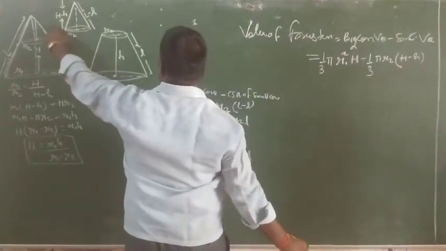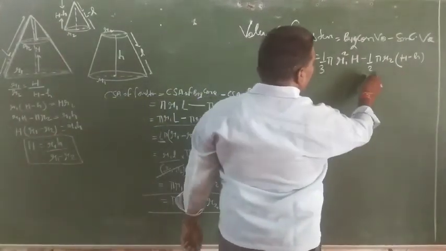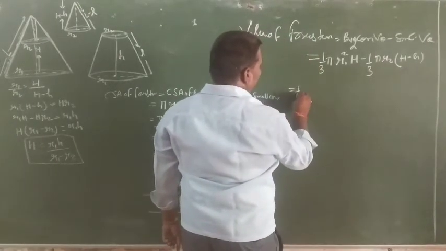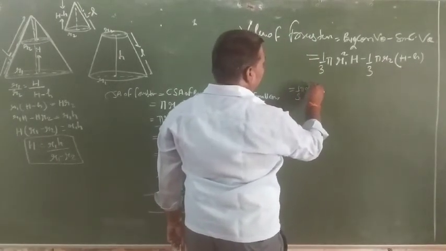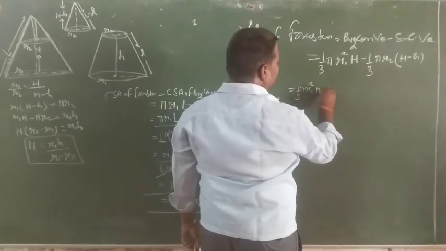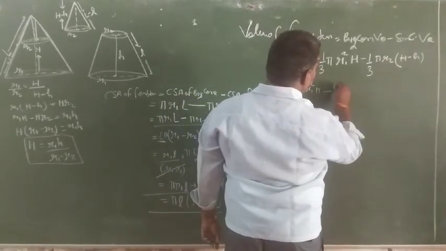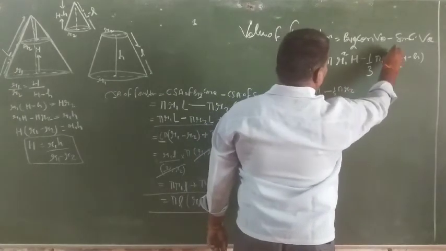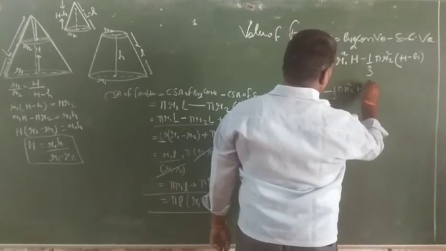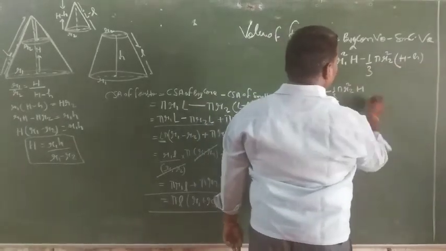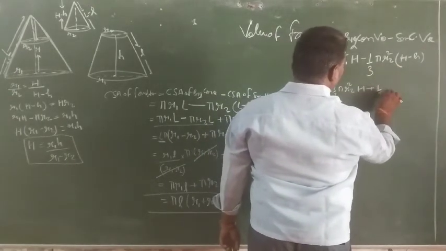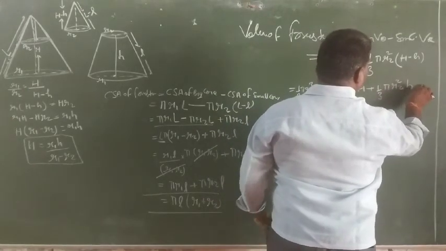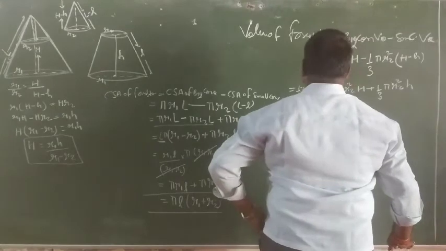Multiplying this inside: 1 upon 3 pi R1 square capital H minus 1 upon 3 pi R2 square capital H, plus 1 upon 3 pi R2 square and small h. Got it, students?